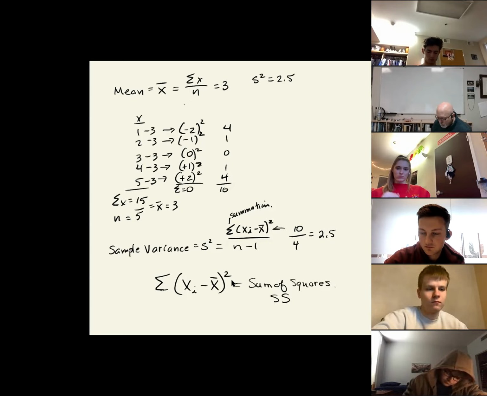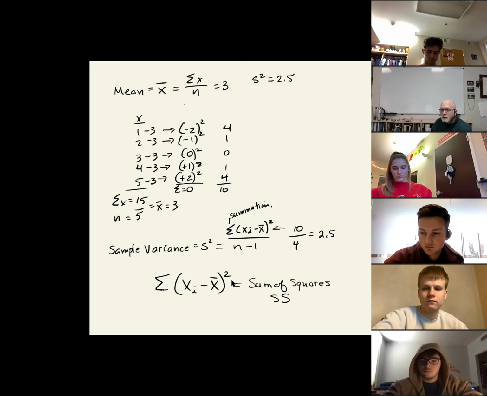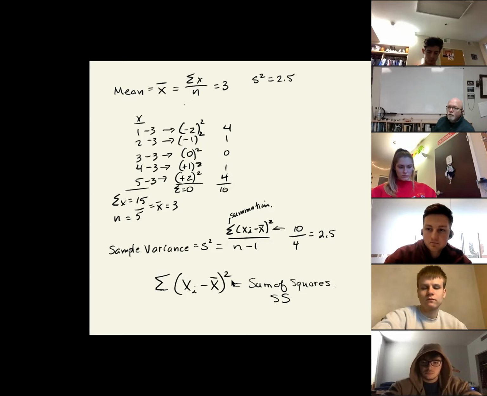There's an ANOVA table there in the middle of the page, and you'll see that the first column says source, and the second column says SS. That SS is the sums of squares. This is an idea that you are going to be confronted with over and over and over again in this class, so it's important that you recognize what the sums of squares is.